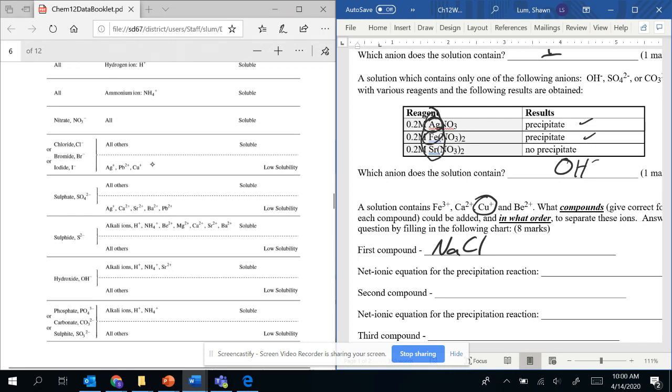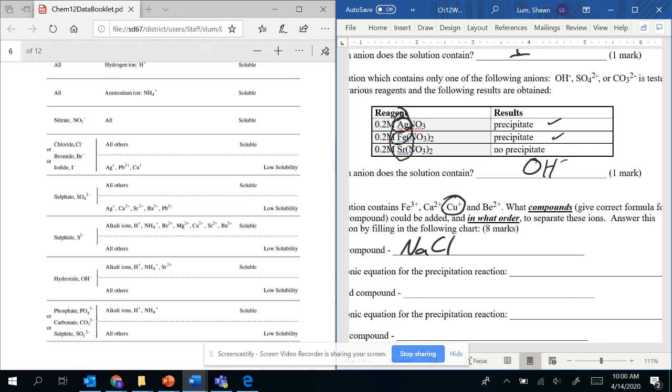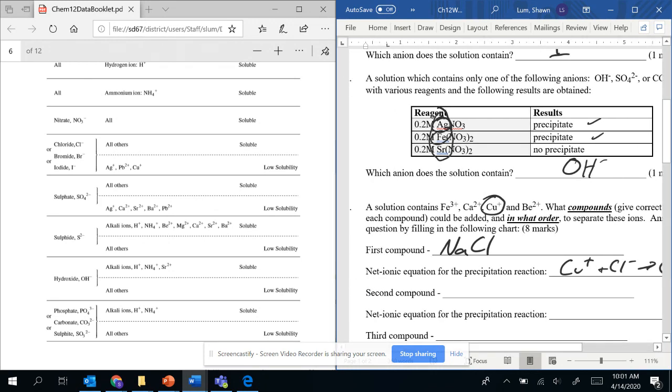It only forms a precipitate with Cu. So the net ionic equation for the precipitate reaction would be Cu plus Cl minus turns into CuCl. So then we would filter that off, and we've effectively eliminated all the copper 1 in there. Okay, now we only have these 3 left in there.